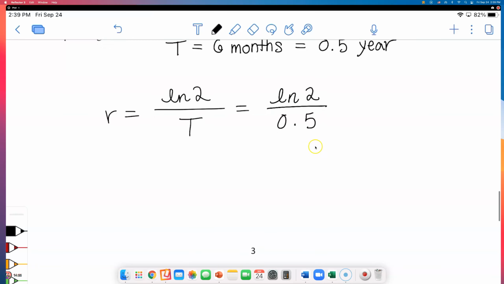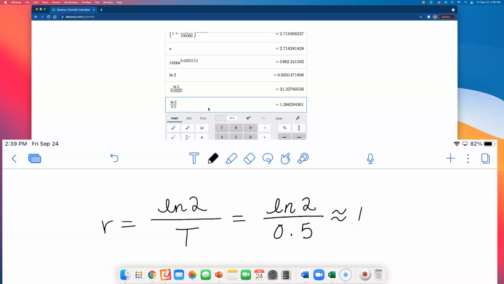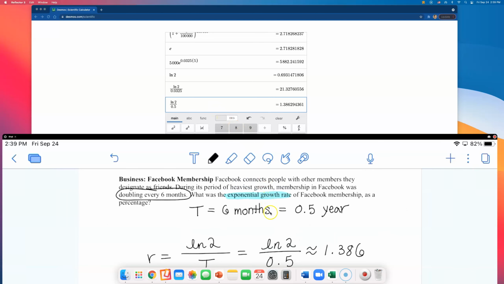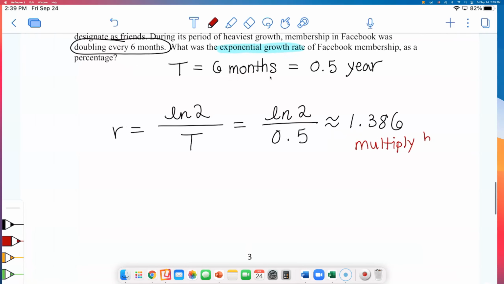Let's go ahead and find that decimal. I'm going to type this into my calculator. Natural log of 2 divided by 0.5. It comes out to be approximately 1.386. But remember, they wanted us to write this as a percentage. To write this as a percentage, I just need to multiply this by 100 to convert to percentage.